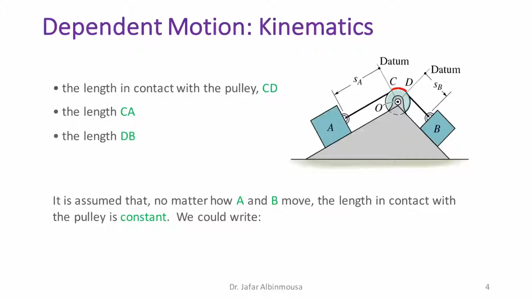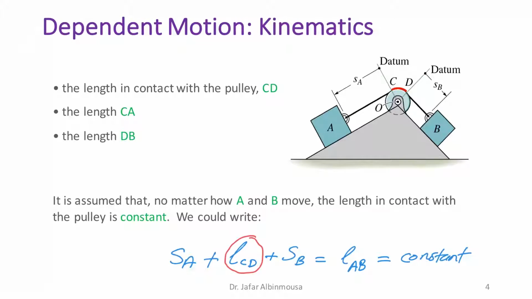SA plus the length of the segment CD in contact with the pulley, the red segment, plus SB is equal to the length of AB, which is constant. So what we are saying basically is that this length plus this one is always constant. This means that this cable doesn't stretch. It's always the same.